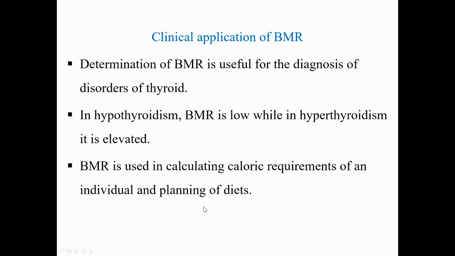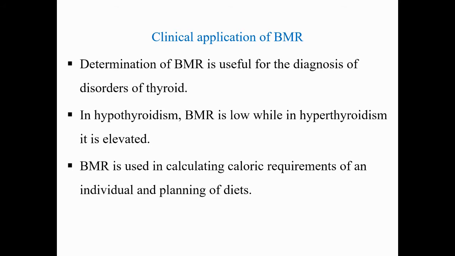These are some of the applications of BMR. Number one is to diagnose diseases such as thyroid disorders. Thyroid hormones have a vital role in metabolism, so they directly affect the metabolism of the human body.